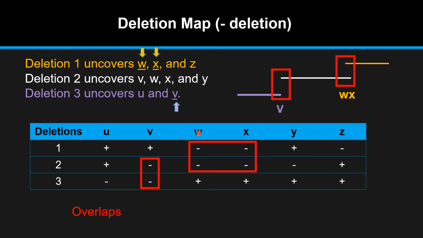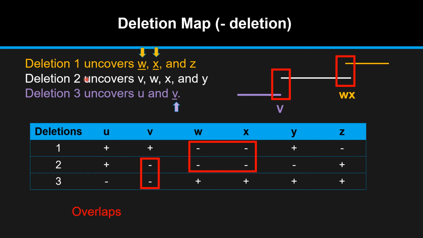In deletion 1 they uncover W, so I add a minus. Here they uncover a deletion in the gene X, so I put a minus. Y is not there, and Z was there. These regions you can see there with a minus.